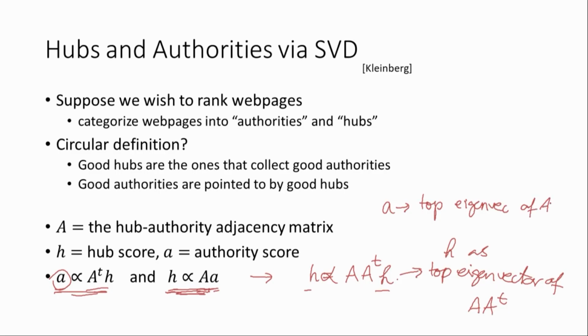The top eigenvector of A transpose A. Another way of saying it is that small a would be the right singular vectors of capital A, and small h would be the left singular vector, the topmost left singular vector of capital A.